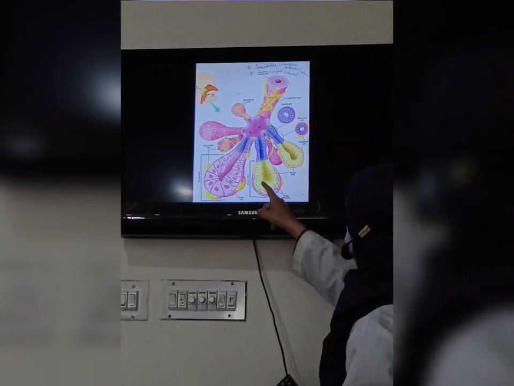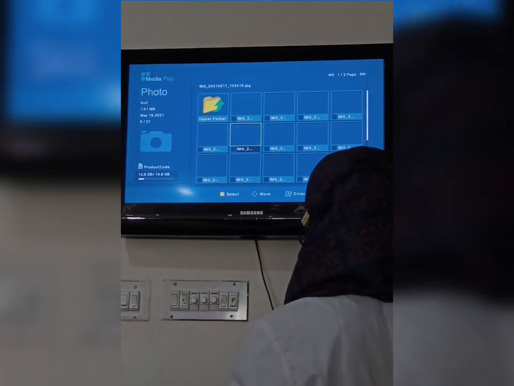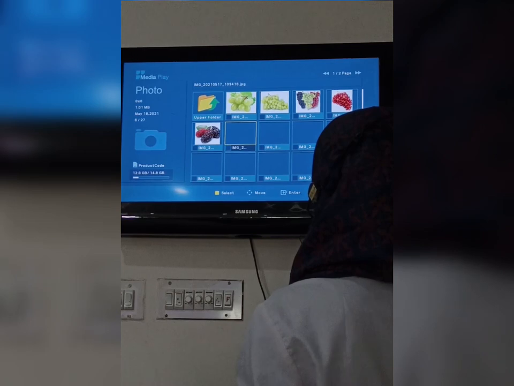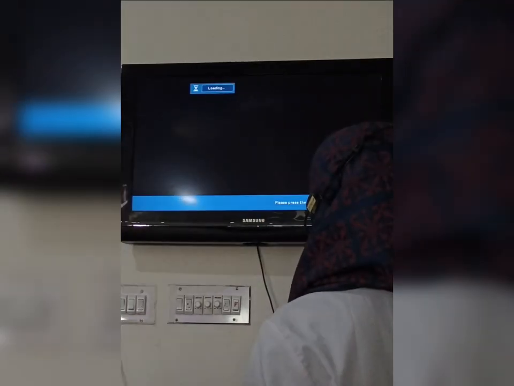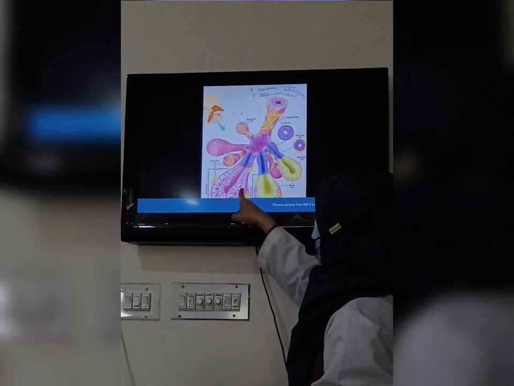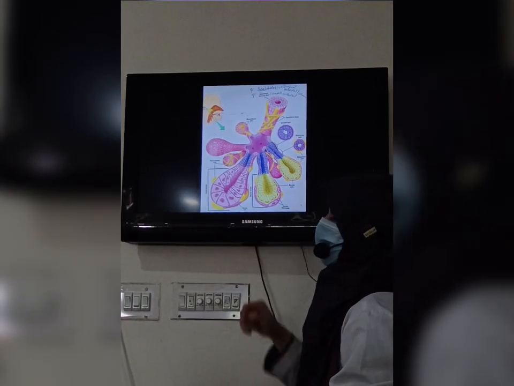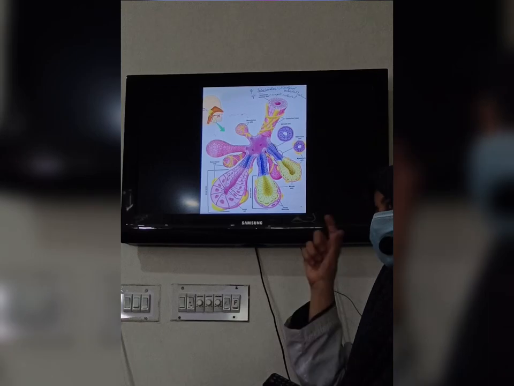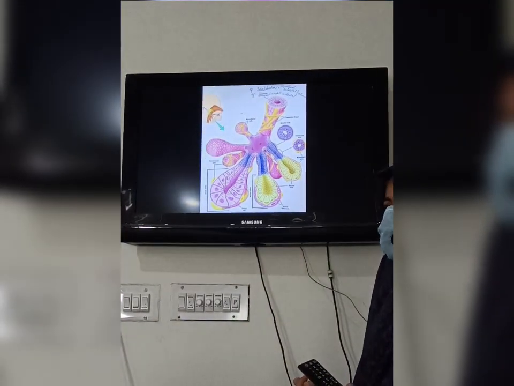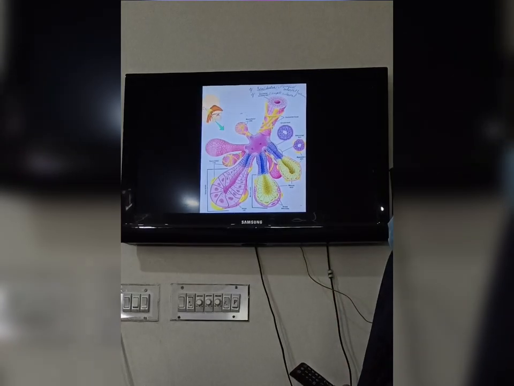If you concentrate on this yellow color, these yellow cells are called myoepithelial cells. The word myoepithelial means it has characteristics of both. Myo means muscle, so it gives the feature of contractility.